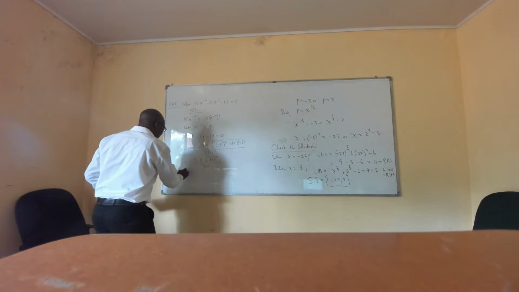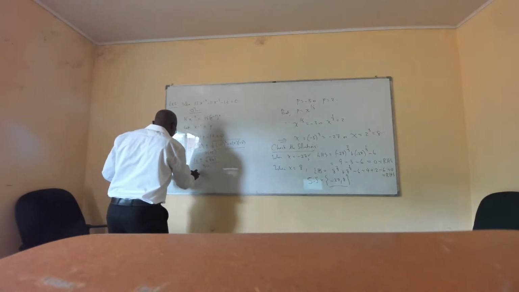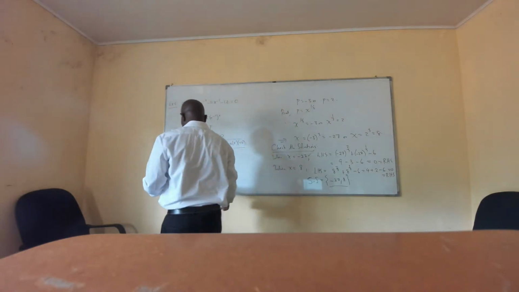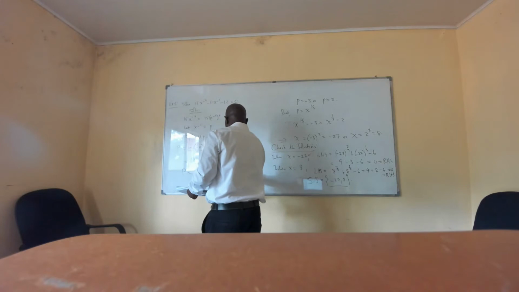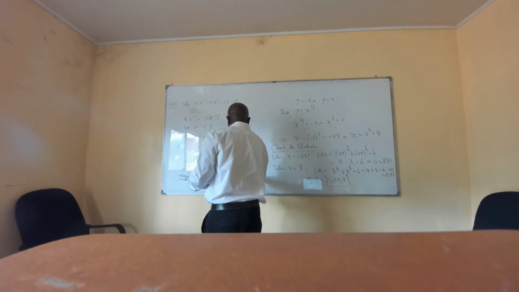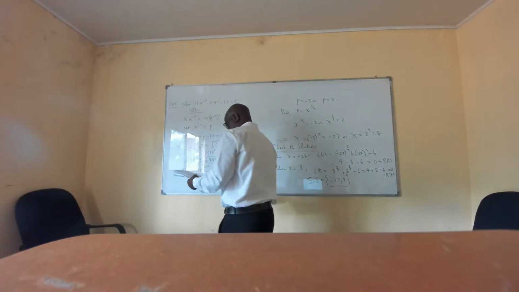So we have p either is minus 18 over 30, which will reduce to minus 3 over 5, or p is equal to 11 plus 29, which should be 40 over 30, and this will reduce to 4 over 3.